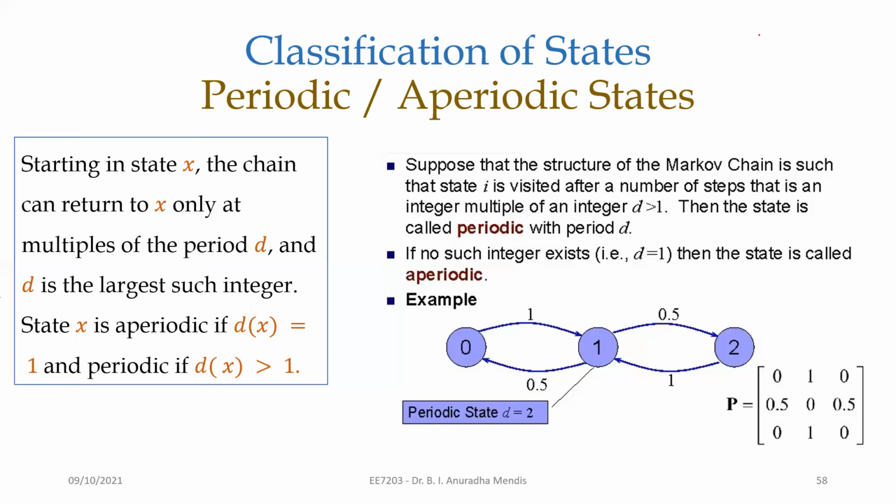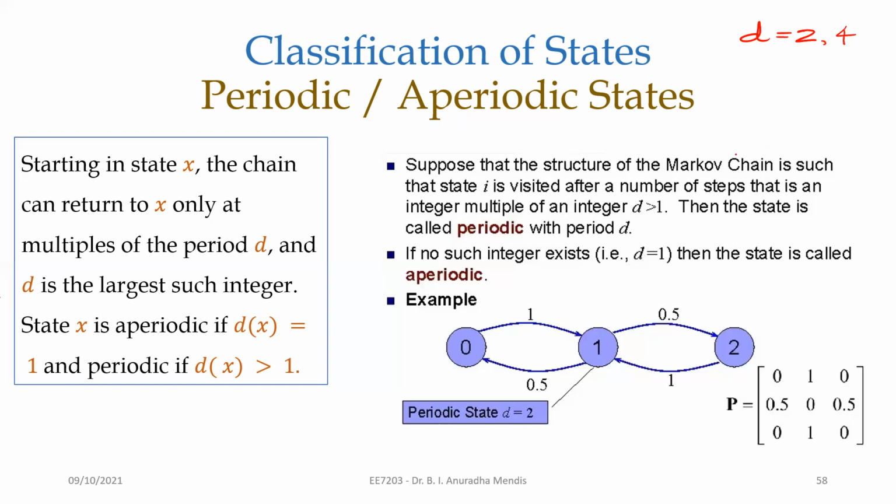In that case, d is equal to 2. But how about if you go in this path? If you go in this path, 0 to 1, 1 to 2, 2 to 1, and 1 to 0, then d is equal to 4.